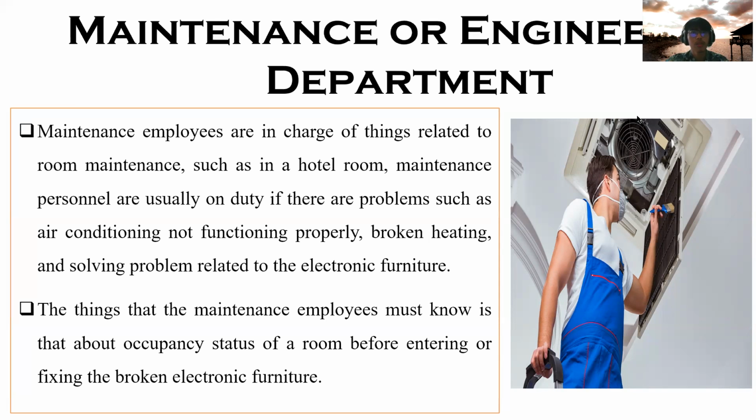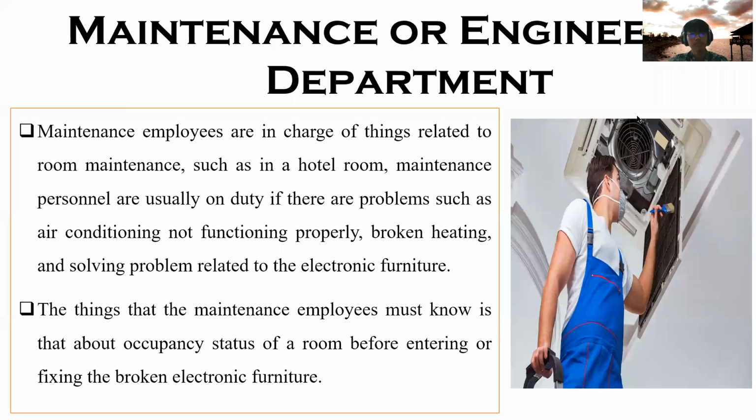So here I would like to explain the communication between the maintenance or engineering department and the front office. Maintenance employees are in charge of things related to room maintenance, such as in a hotel room. Maintenance personnel are usually on duty if there are problems such as air conditioning not functioning properly, broken heating, and problems related to electronic furniture.